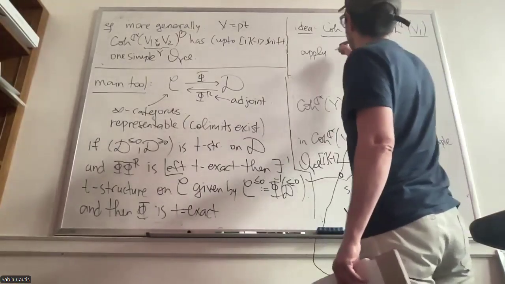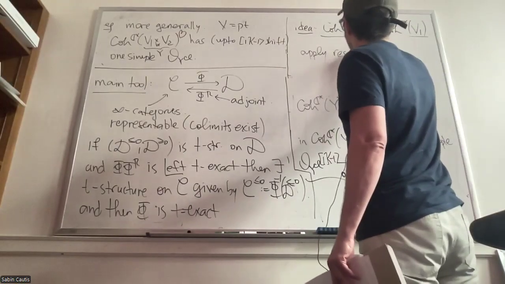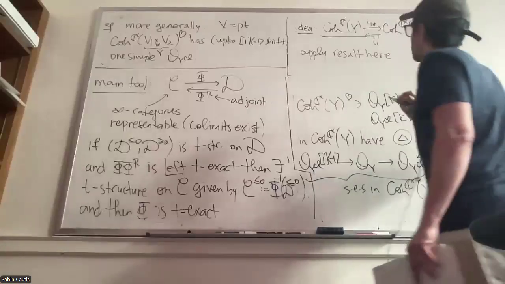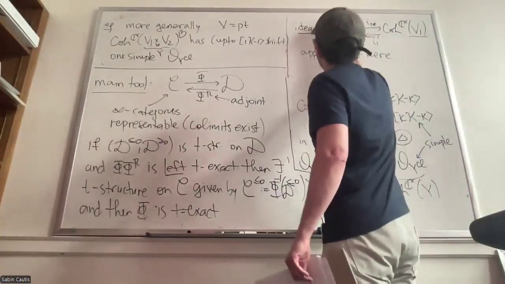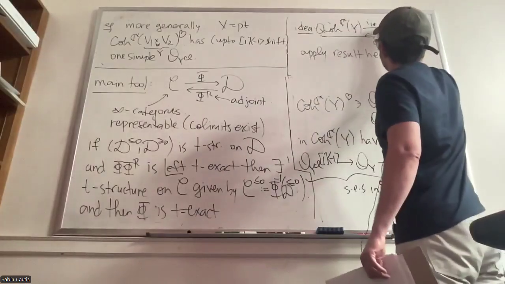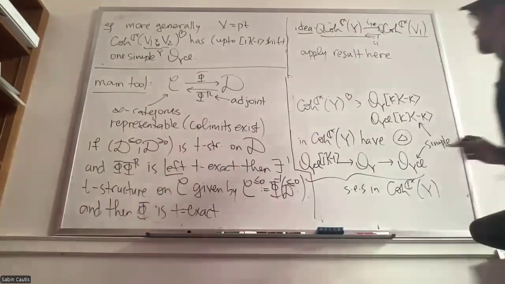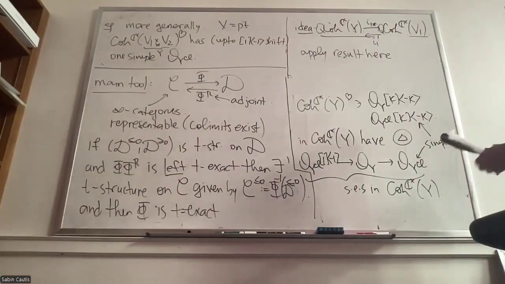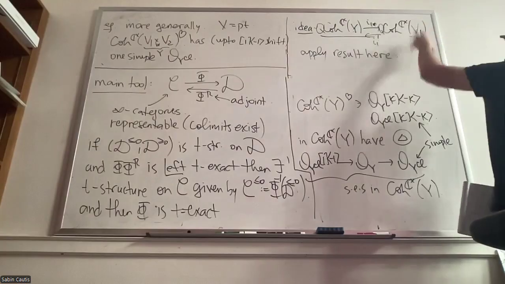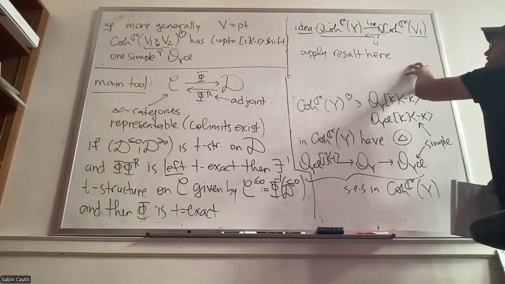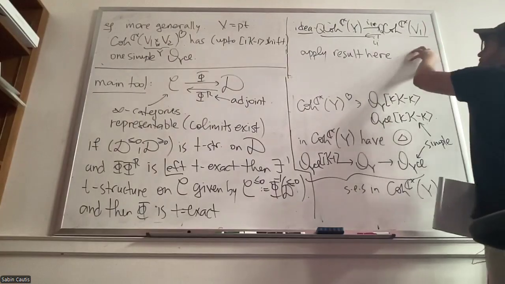And of course, if you wanted to apply it, you need to go to representable categories, so you need to shift to quasi-coherent sheaves. That's okay. But apply the result here to take your T structures. So suppose you already lifted a T structure from here to here, for which you can use a similar technique, just to give you an idea of how it works.